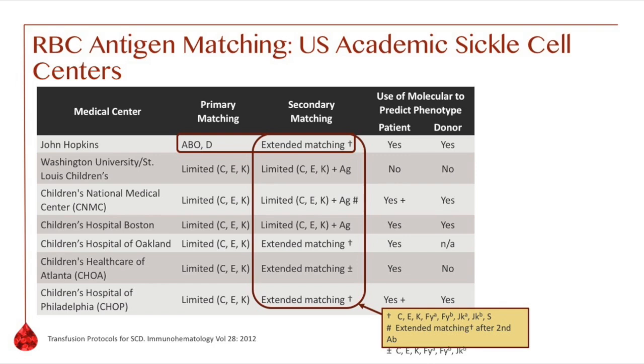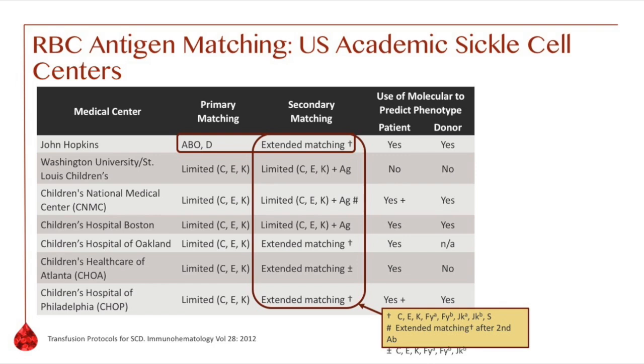This slide provides the practices of a number of academic centers that care for large sickle populations. All centers match for ABO, D, E, C, KEL, and the antigen for which the patient has alloantibodies at a minimum.